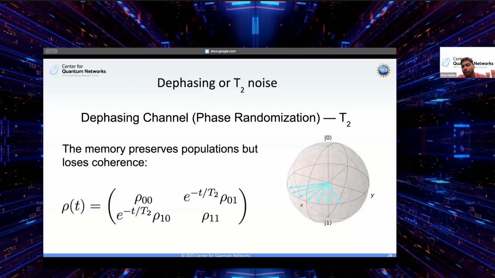But there is that quantity T2 star, which is also defined, and is related to pure dephasing, but it's pure dephasing modulo what is called a corrective procedure, or one of them very commonly used is what is called dynamical decoupling. So I would refer people to the literature on that, and leave it at that.